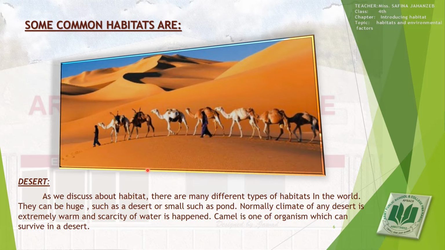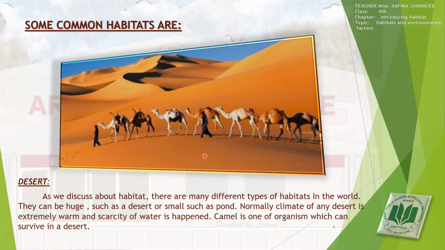Extremely warm weather, high temperature, and direct cast of sunlight over the land define the nature of this habitat. It is very hard for every organism to survive in this extreme habitat. Camel is the simplest example of a desert habitat.